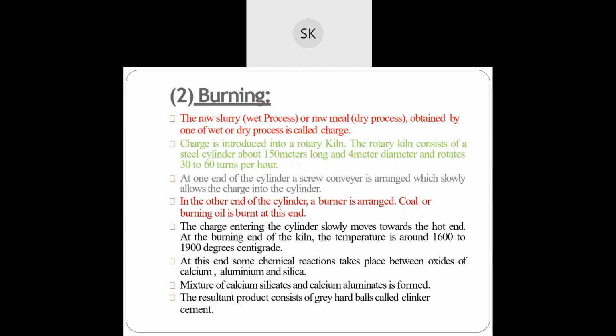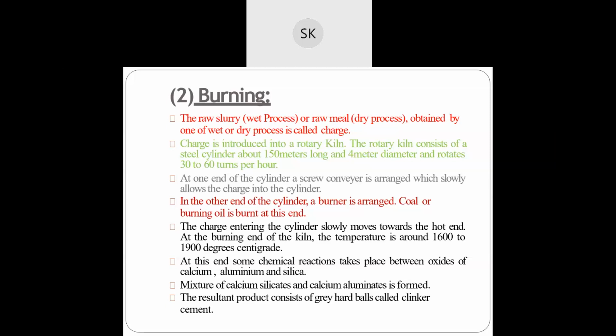At the other end of the cylinder, a burner is arranged. Coal or burning oil is burnt at this end. So when it rotates, one end has a burner which burns the raw material. The charge entering the cylinder slowly moves towards the hot end.